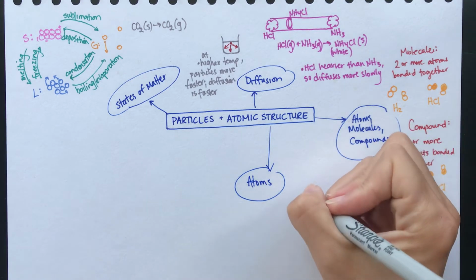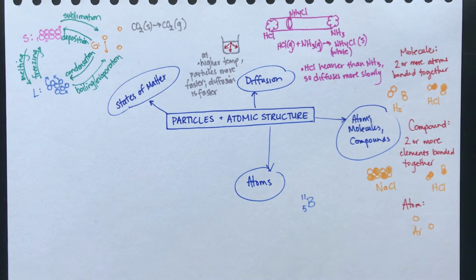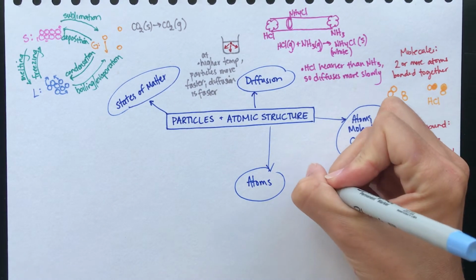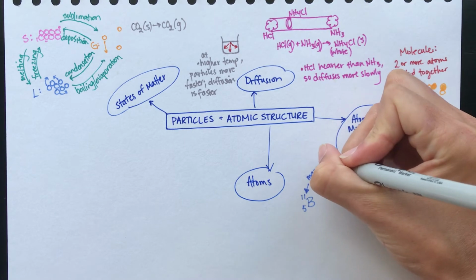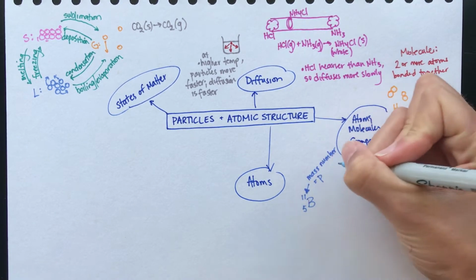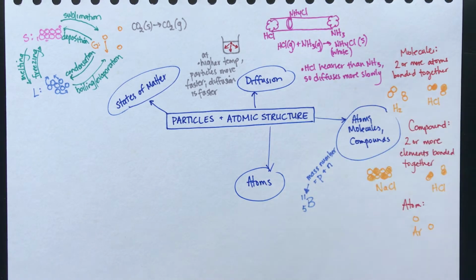So let's look at an atom of boron that has a mass number of 11. That's the most common isotope of boron. The mass number is the larger of the two numbers. So 11 is our mass number. And it is equal to the number of protons plus neutrons.